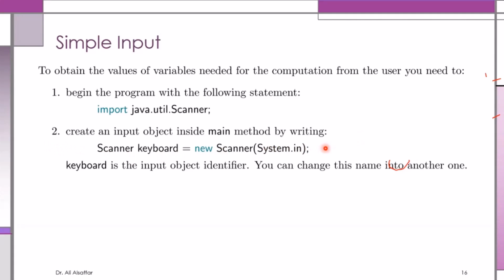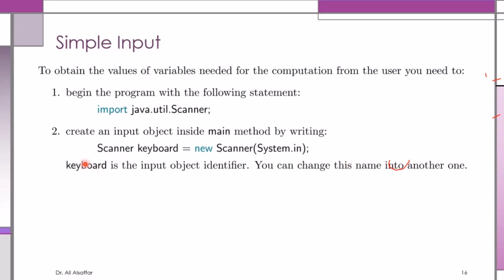You will then understand the meaning of new, what Scanner is, and what System.in is. For the moment, just remember, if you want to read from the user, you write import java.util.Scanner before the class, and inside main, or maybe inside the class, doesn't matter. But if you define it inside main, you use it inside main. You write this line before reading.